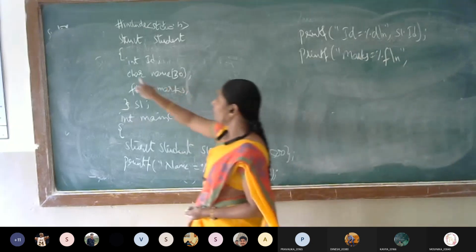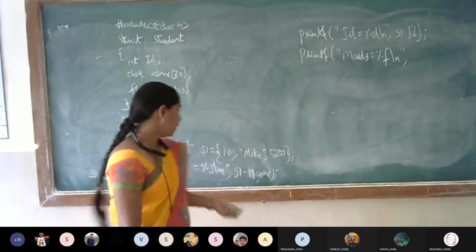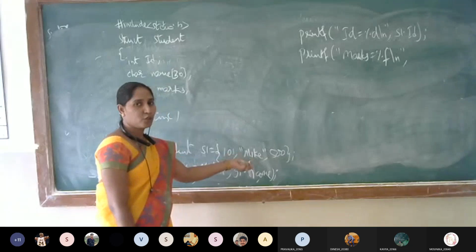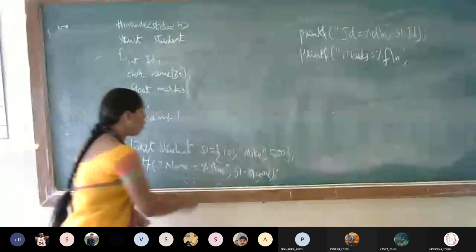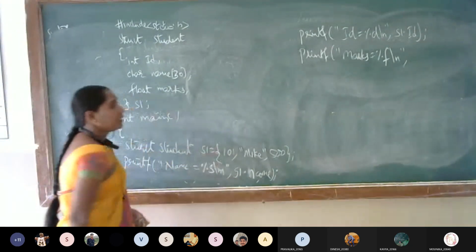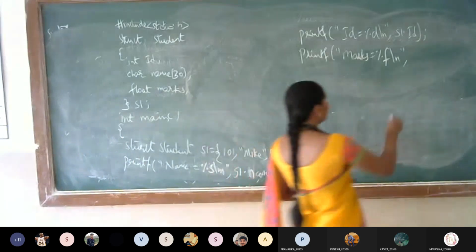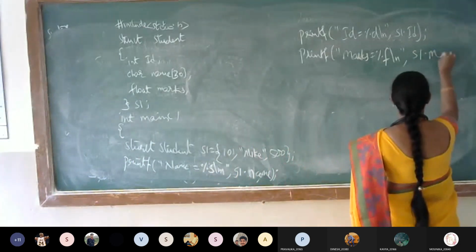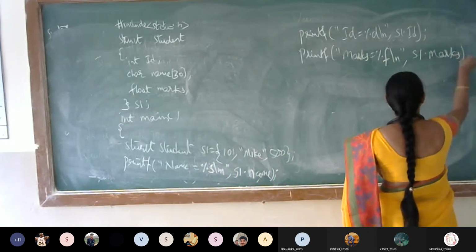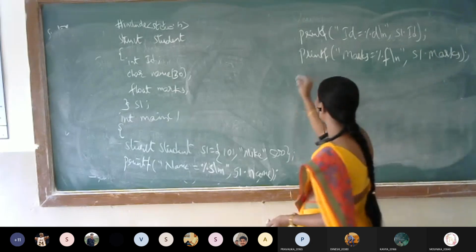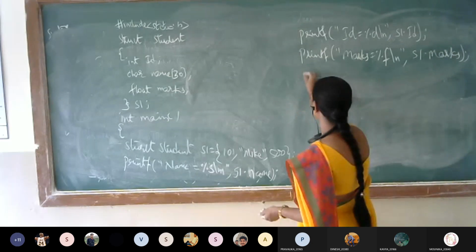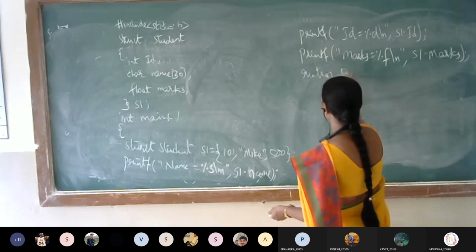For name I have given char, but I am taking mic. Mic is nothing but a string, right? So I am directly specifying the format specifier %s. Okay, so I'll be specifying here s1 dot mark. Close. Int ని use చేశాను కాబట్టి I'll be writing return 0.